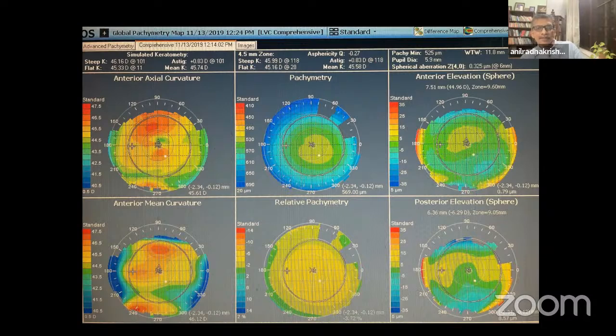Based on that, we would term it perfectly normal, because even in the central 6 millimeter area, it does not cross 5%. So the pachymetry map, anterior elevation and posterior elevation map are perfectly normal, while the axial curvature map is showing a slight steepening more in the superior part. It is something like an asymmetric bow tie, though not a perfect asymmetric bow tie. So this is just a superior steep pattern, and this is a normal topography.